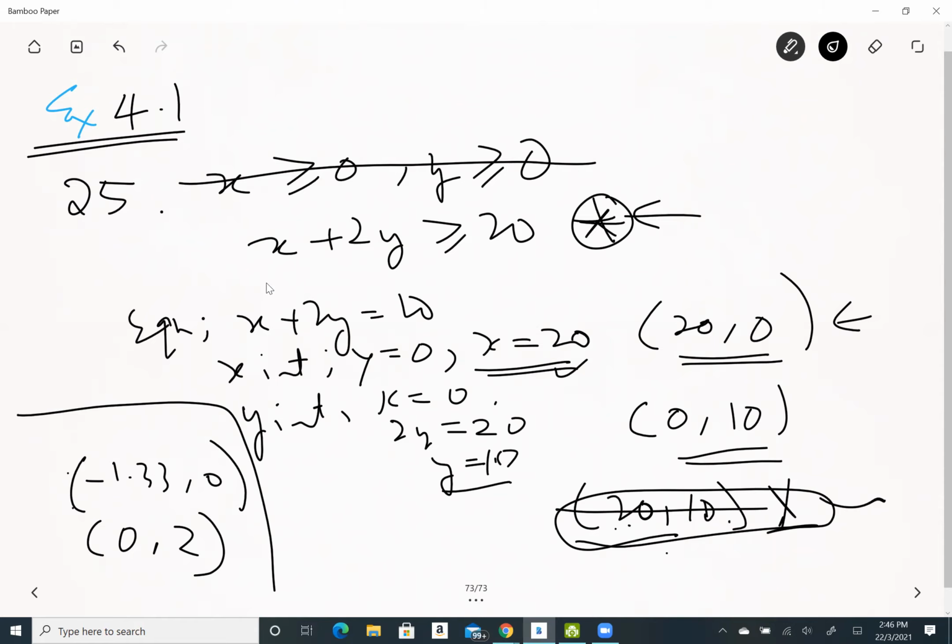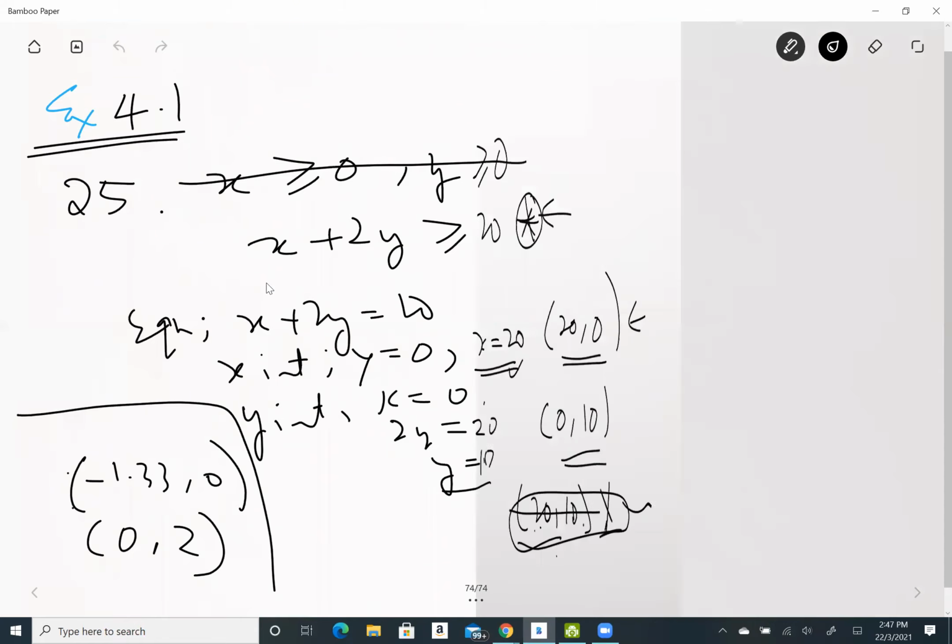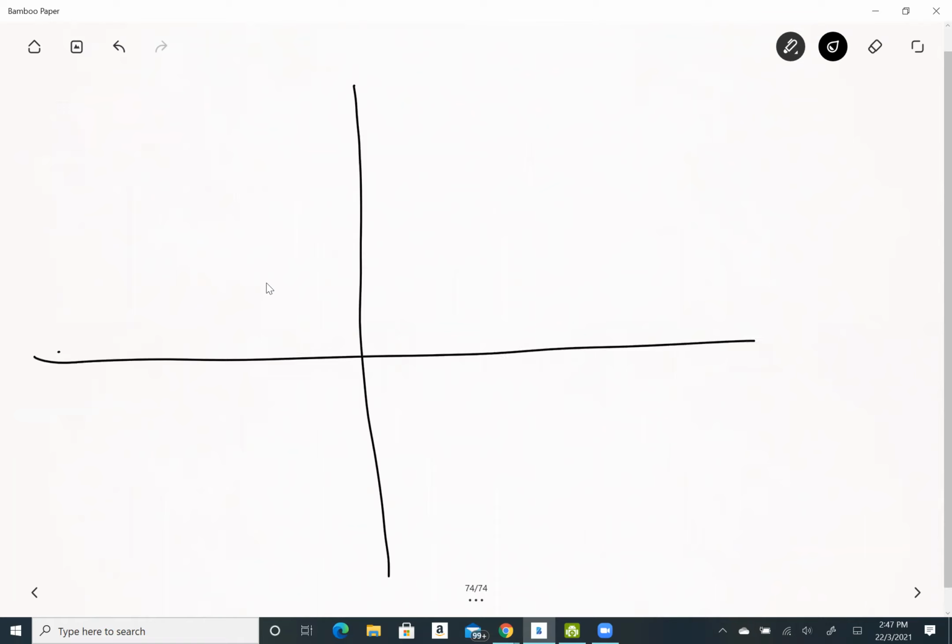So what you do here is, let's say we use 5 and 5, and you have that negative value. So when you do this, for the inequalities, it's good that you put the origin somewhere in the middle, because it will include some negative values and some positive values. So use 5 and 5.